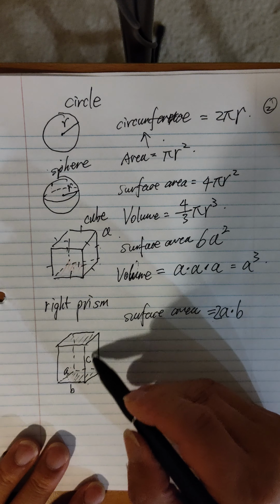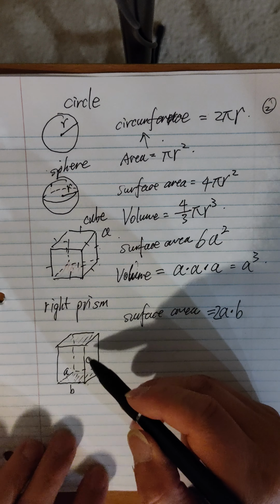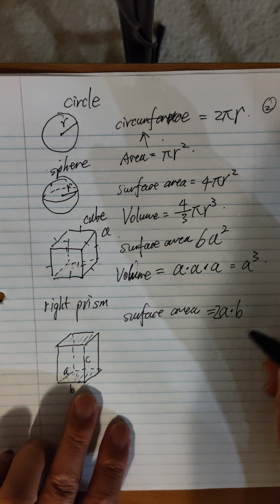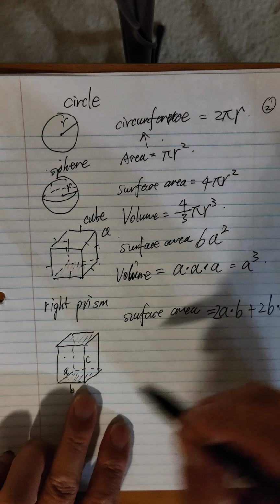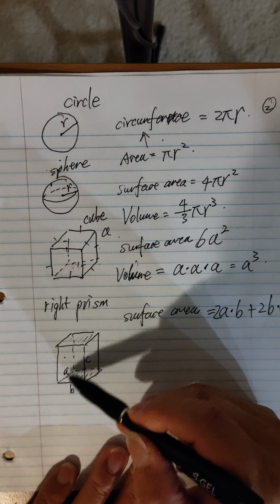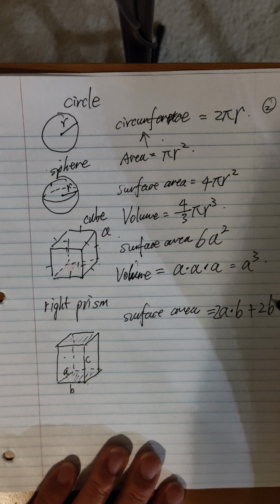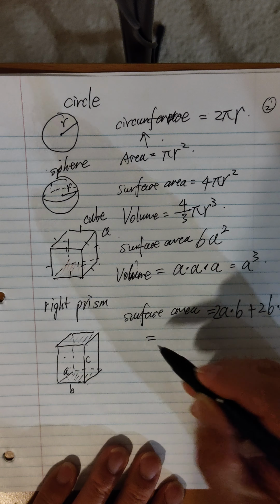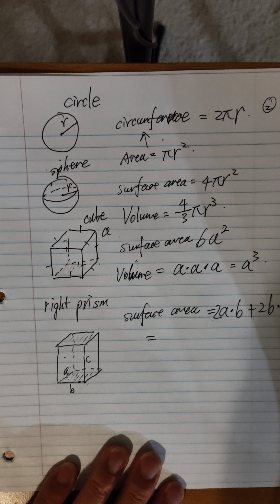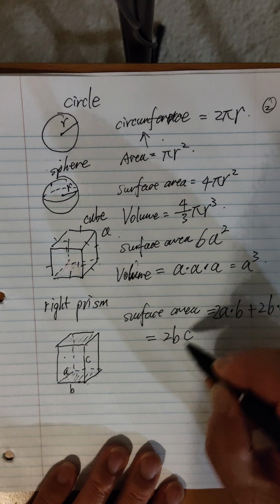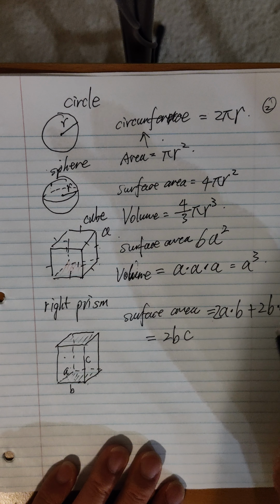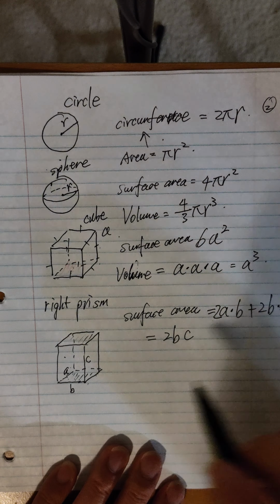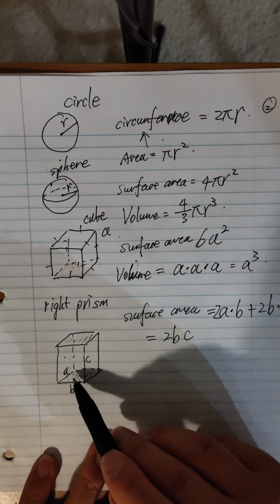And then we have two sides, which are C and B. Again, we got 2 of those, so it's 2BC. The last 2 are the one in the front and the one in the back. That would be 2BC, because this is a B, this is a C. So it's 2AB plus 2BC plus 2... wait, I made a mistake.